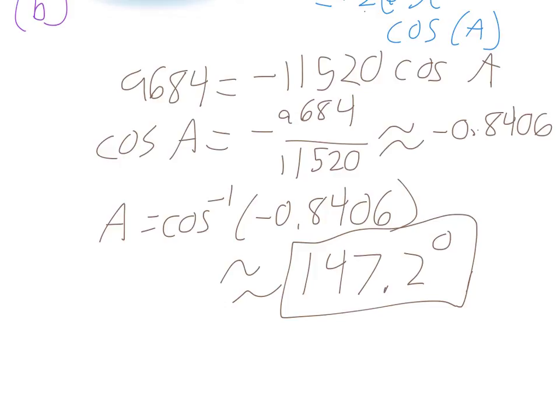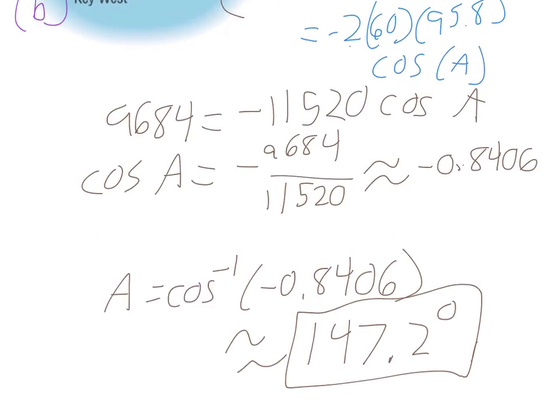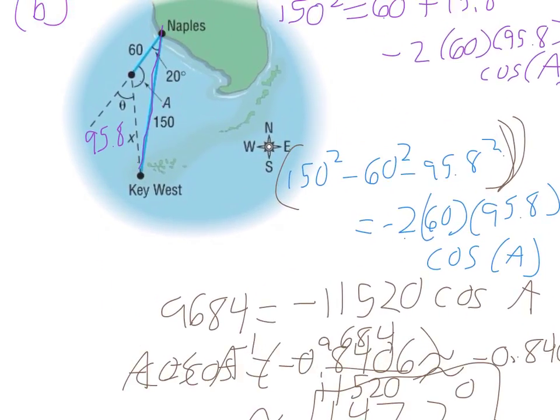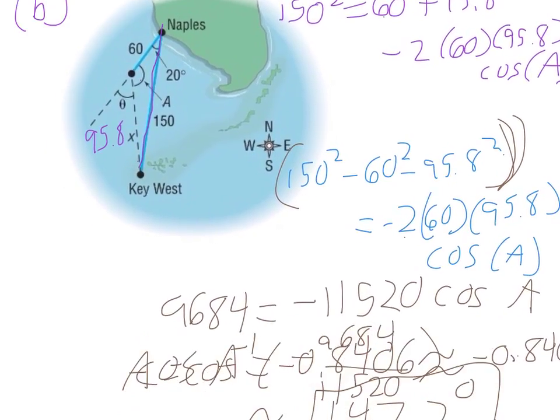Alright, and I just realized a slight error. I mean, we didn't do anything wrong, we just didn't go far enough into the problem. This 147.2 is this angle A right here. But if you notice, the angle it has to turn would actually be that angle theta right there. So it's the opposite. So you would subtract the supplementary value.